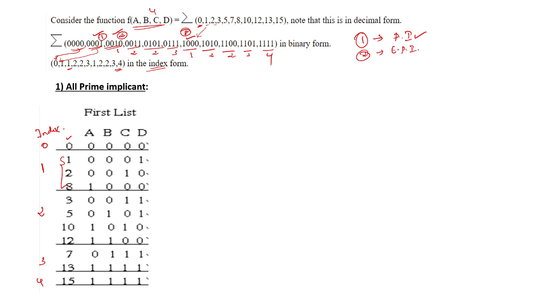That means between 0 and 1 we have to check. Similarly between 1 and 2, and between the second index and the third index. Each min term has to be compared with those of the next index, that is 0 with 1. If there is a 1 bit change between them, we consider this grouping.